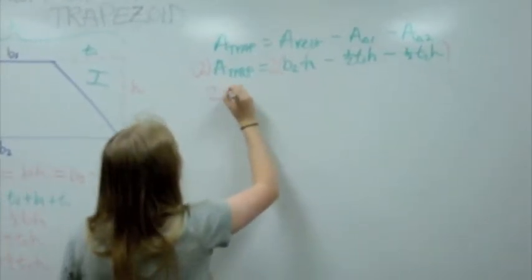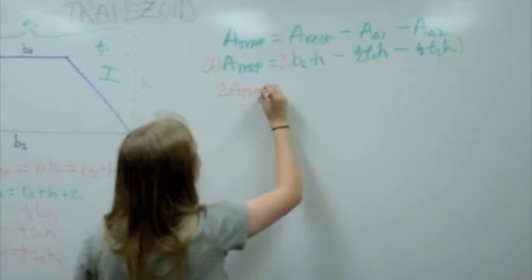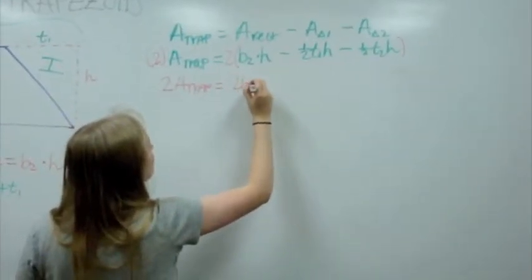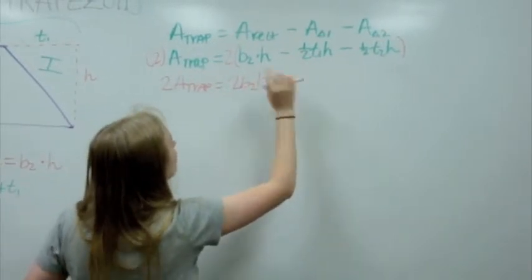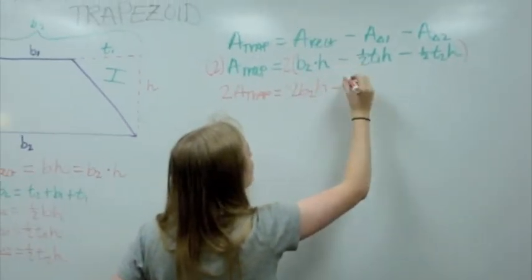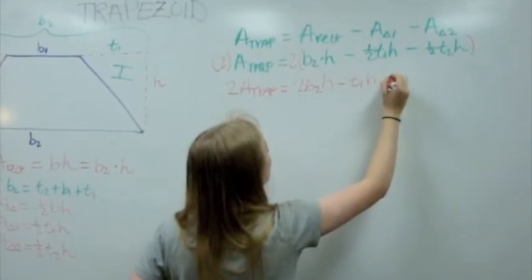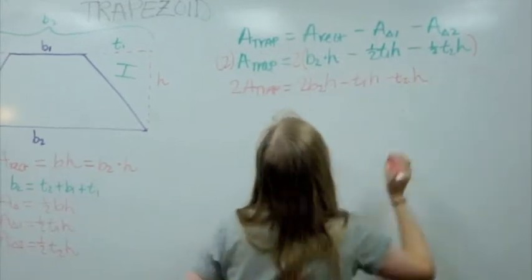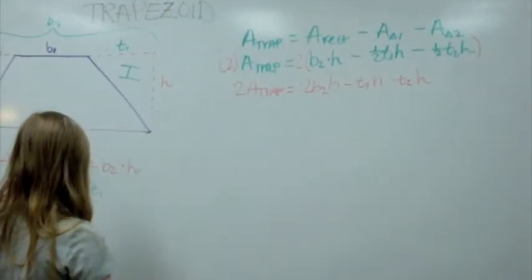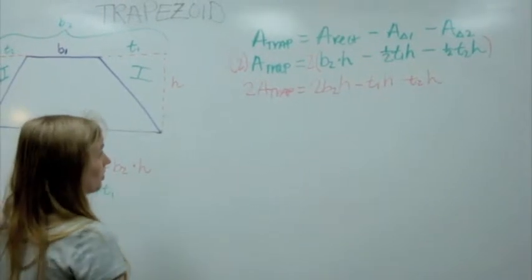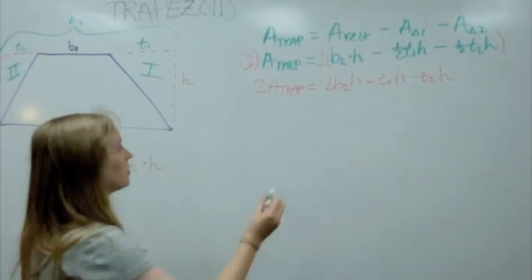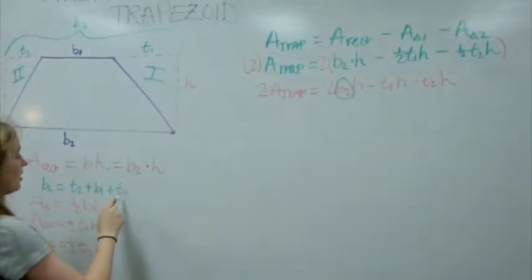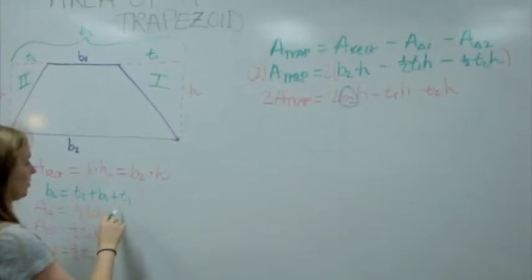So now we have 2 times the area of the trapezoid equals 2 times base 2 times height minus. Now 2 times 1/2 is 1, so we have T1 times height. And again, 2 times 1/2 is 1, so we have T2 times the height. Now, we also know that B2 is equivalent to T2 plus B1 plus T1.